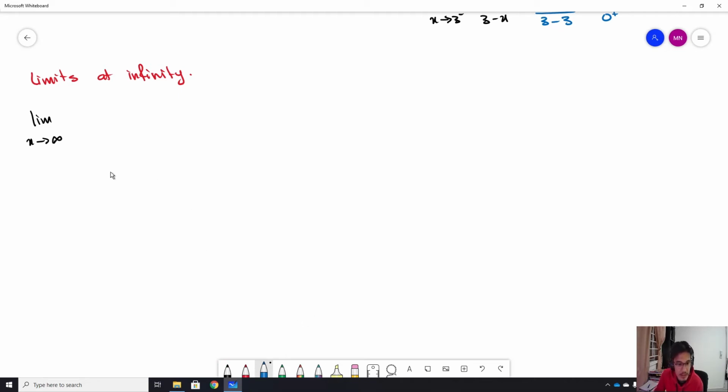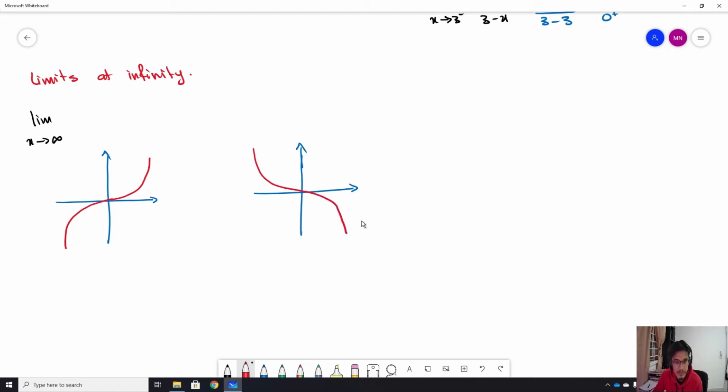Okay, let me explain graphically. Let's say we have two graphs, shaped like this. This is y, this is x. Let's label the first one as one and the second one as two. Let's say the limit as x approaches negative infinity of the function x to the power of 3.